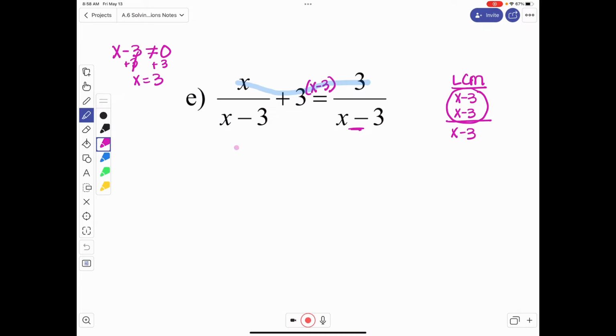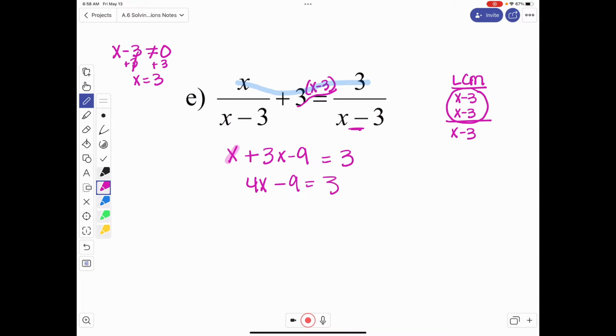So when I look at that, I've got x plus, and I'm going to distribute the 3, 3x minus 9 equals 3. And so x plus 3x is 4x minus 9 equals 3. And then if I add the 9, I'll get 4x equals 12.